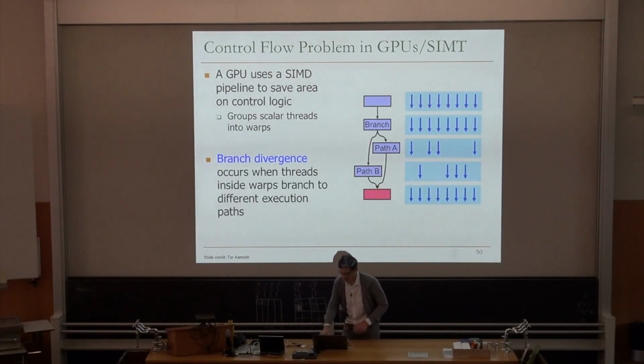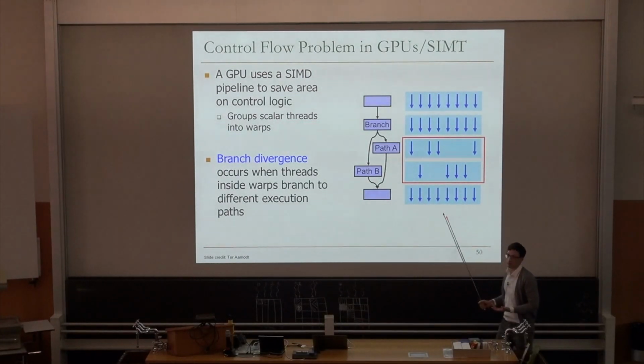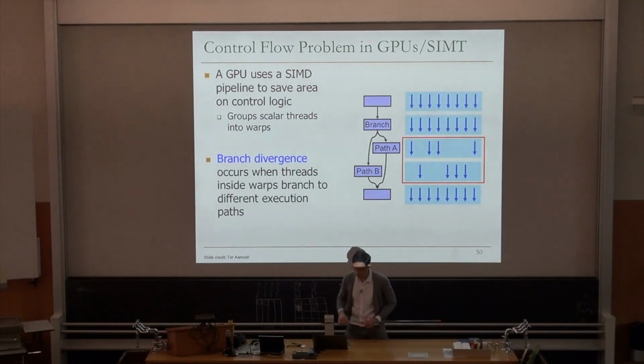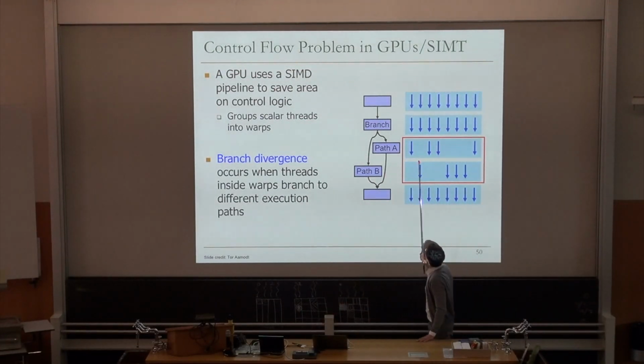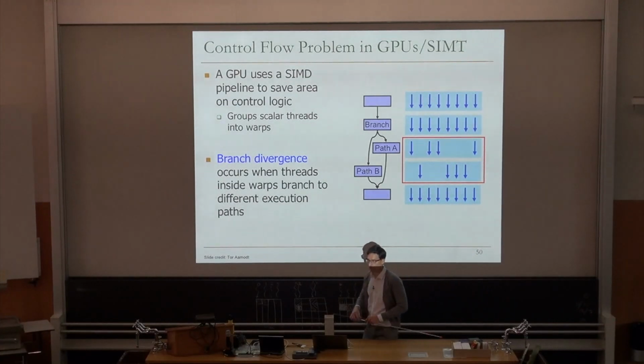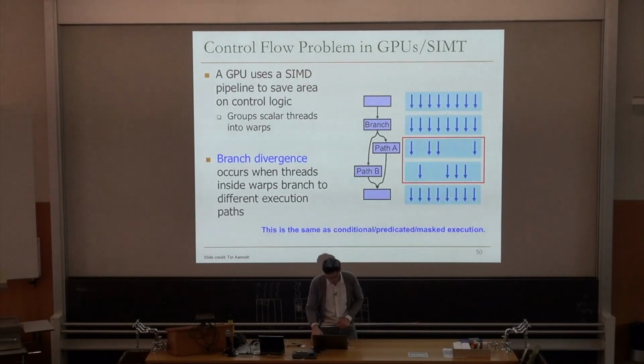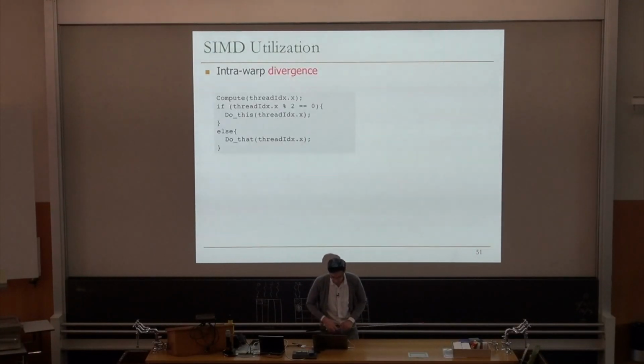So the problem is that in the execution of these two paths, the utilization of the SIMD pipeline is limited because the mask is 0 for some of these threads, so we won't be really using the corresponding vector lane, so we are somehow wasting the GPU resources. You remember this was implemented by using predication, by using masks.